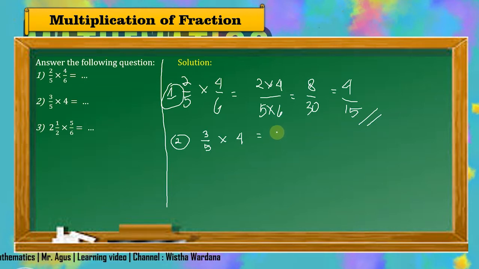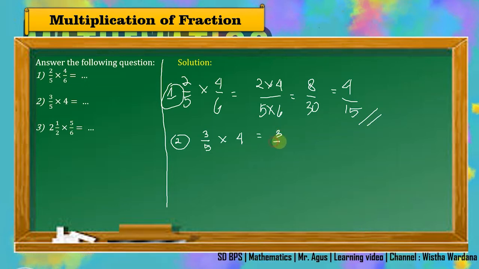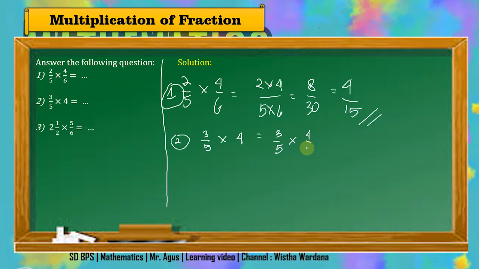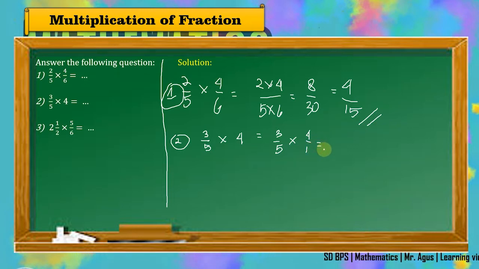So you have to change the integer into a fraction, for the students who don't know the way to get the answer. But for some students who are smart and already understand this topic, you can get the answer directly without changing the 4 into 4 per 1.